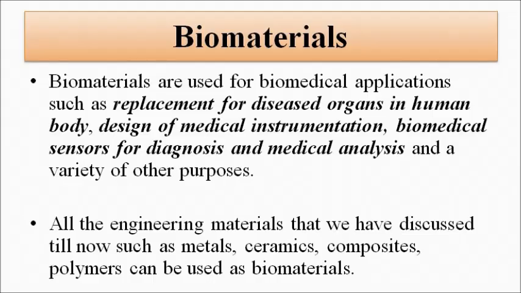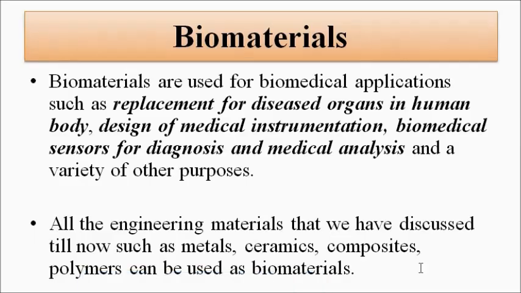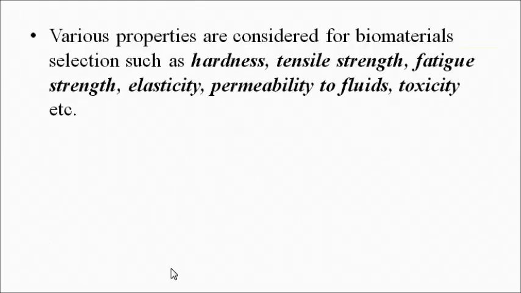So all the engineering materials that we have discussed, such as metals, ceramics, composites, polymers, can be used as biomaterials, okay. The properties of those materials should be selected, or modified, in such a way that they can be put into use for biomedical applications.